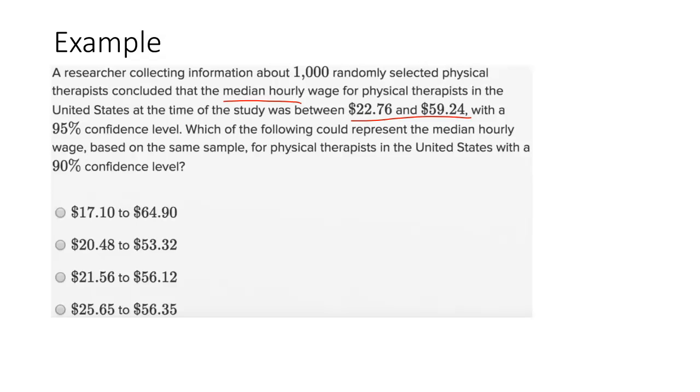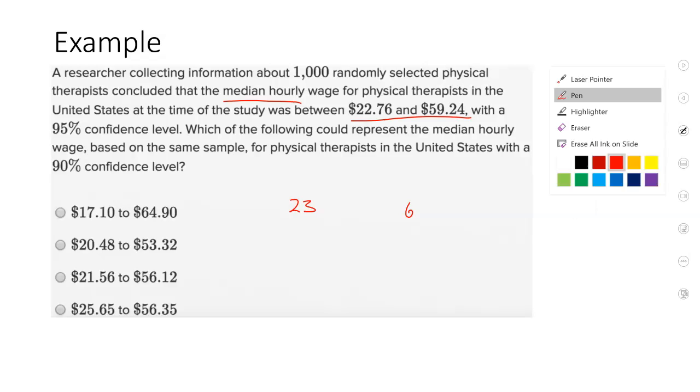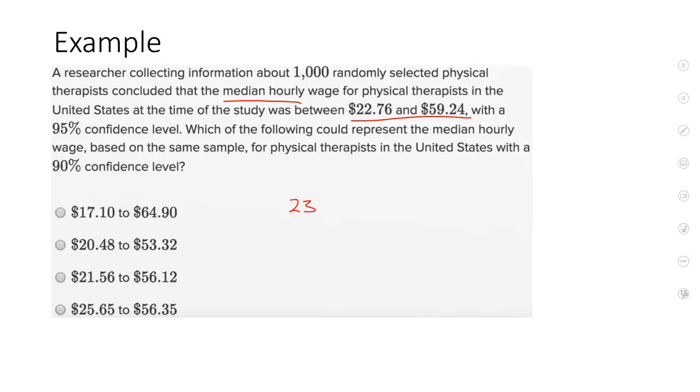I'm just going to round these numbers to make my life easier, just to illustrate this point. It would help if I rounded it appropriately. So they're saying the median is between $23 and $59. That's the median value. This is a 95% confidence interval.